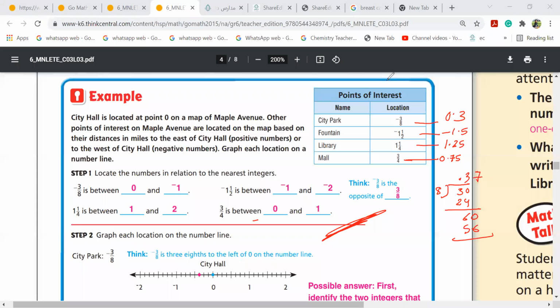Grade 6 girls, what happened today? Are you all sleeping? No, Miss, I'm writing. Okay. If you are finished, can I move on?